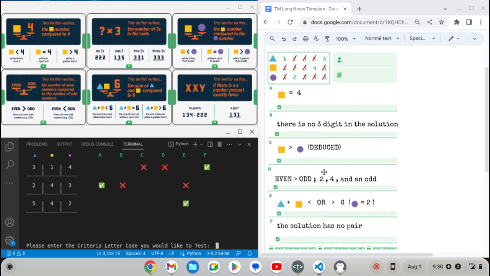And yes, of course, that was true. So let's adjust our notes here to say that the sum is greater than 6. And of course, that means that triangle is not a 1. And in fact, the solution is 5, 4, 2. So let's go ahead and type that up.